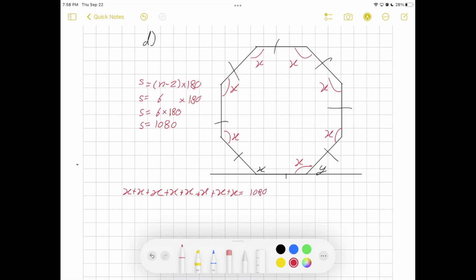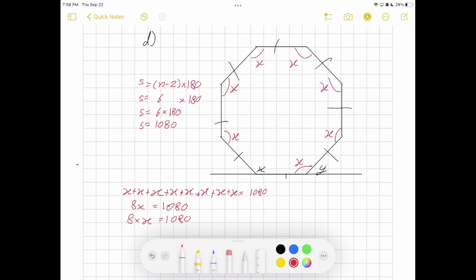Now I can write down 8x is equal to 1080. We can also write this as 8 times x is equal to 1080.